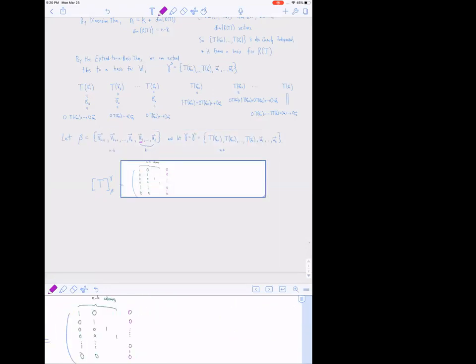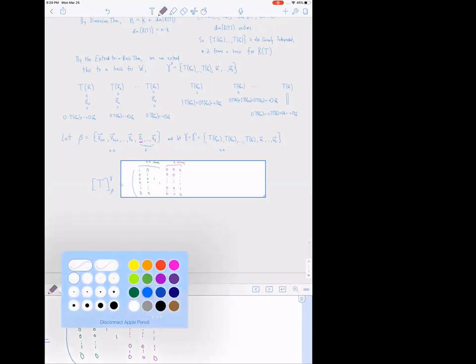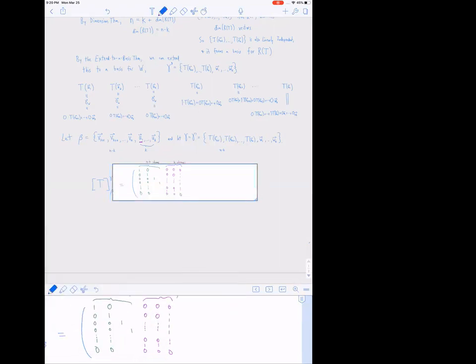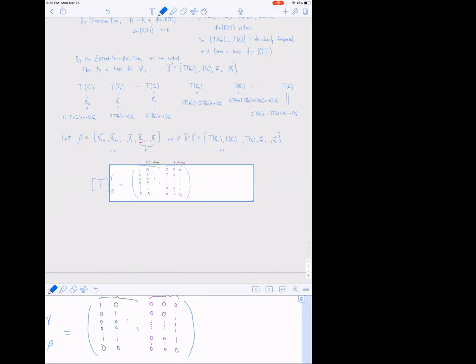So all of the remaining columns will be 0, leaving us with a diagonal matrix.